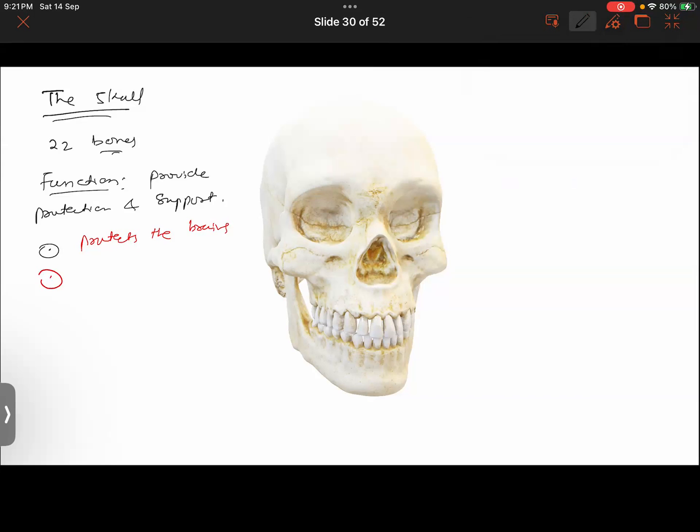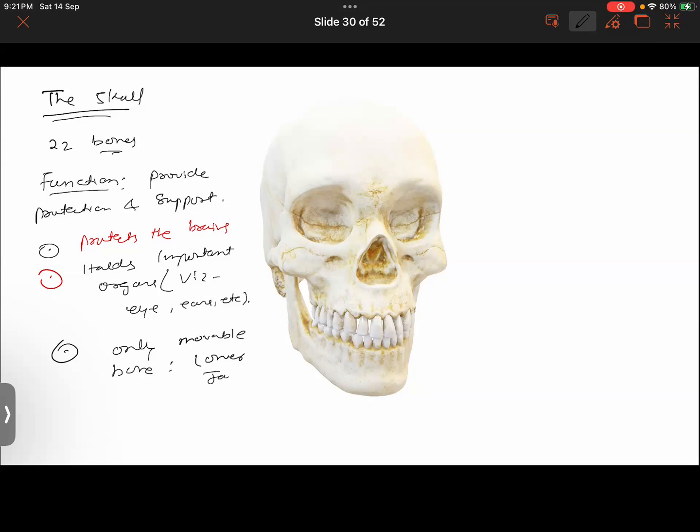Another important thing is that it holds important organs like the eyes, ears, etc. Now, the only movable bone in the skull is the lower jaw. Only the lower jaw is movable. Got this? Is this much clear?